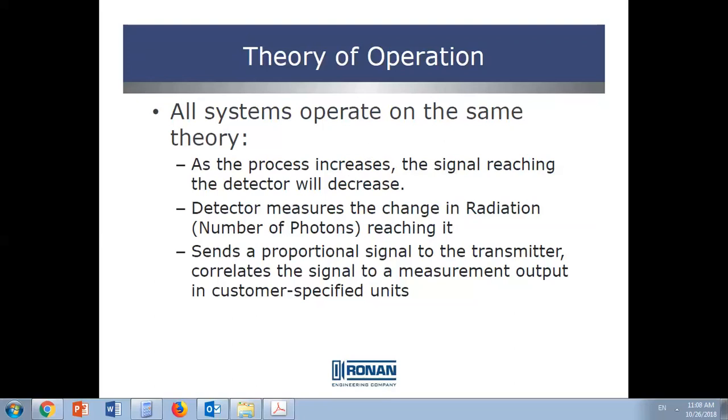That correlates to a signal which sends an output. So what do we mean? We mean that the pulse that's coming to the detector is converted into a 4 to 20 milliamp signal that can be used.